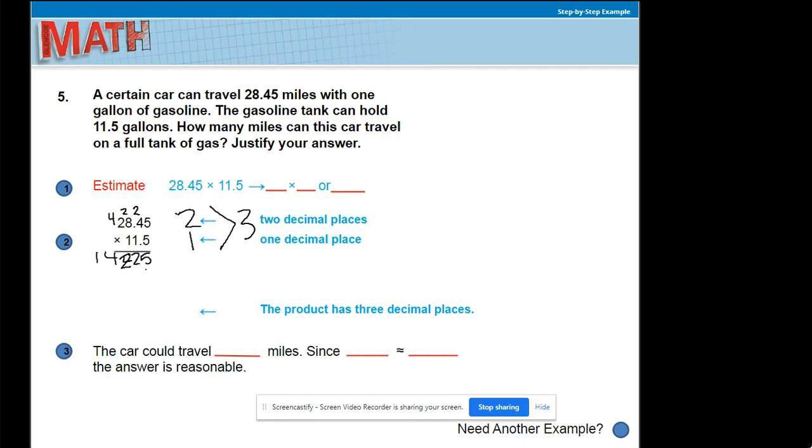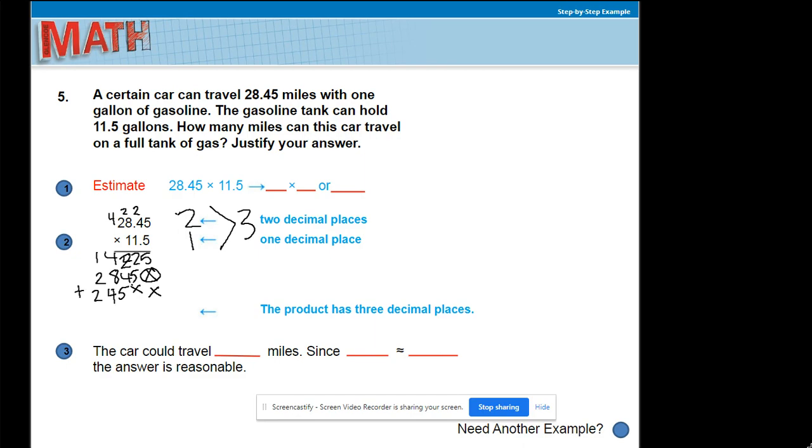Next number, on the second line, we put an X, or 0. You can put a 0 there. Then 1 times 5, 1 times 4, 1 times 8, 1 times 2. Now our third number, so that means we have 2 X's now. 1 times 5 again, 1 times 4, and then 1 times 2.